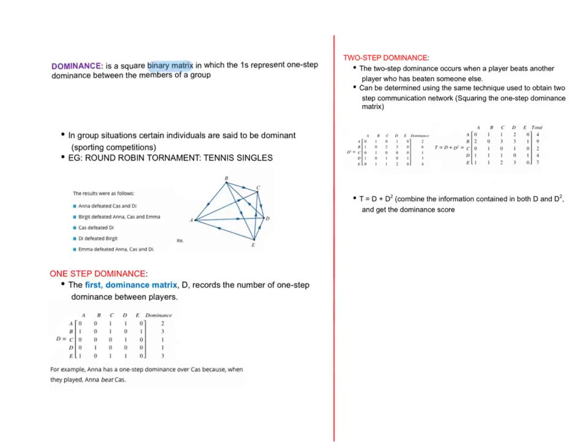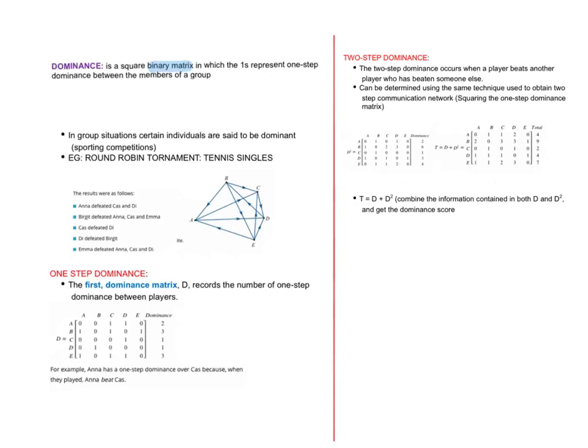we've got four teams or players, and they're all playing each other in a tennis competition. Obviously there's no time for everyone to play everyone, so we look at what's happened with whoever played and work out dominance.